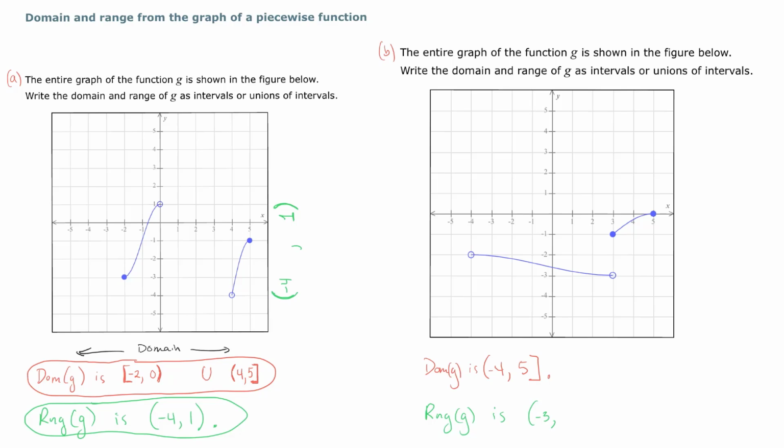Another hint for you is that when you do the range, you're reading from the bottom all the way to the highest possible y value. In this case, for example B, the highest possible y value is actually 0.